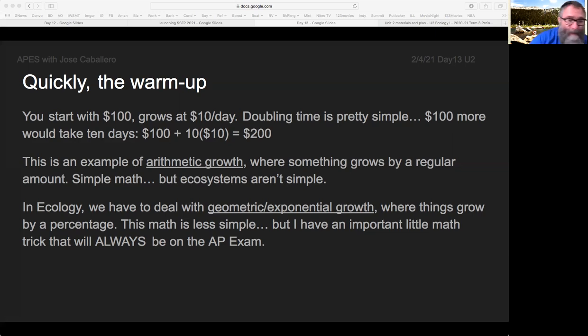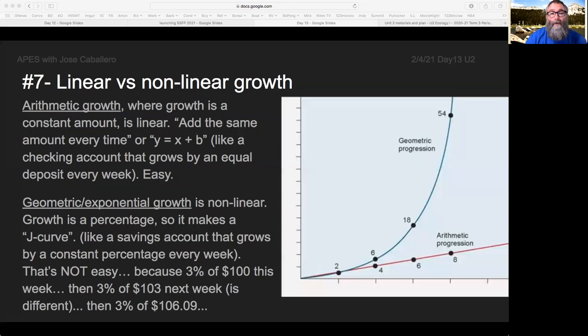So we did that warm up to show you arithmetic growth, also known as linear growth. You can see it in red on my screen here. You add the same amount every year.